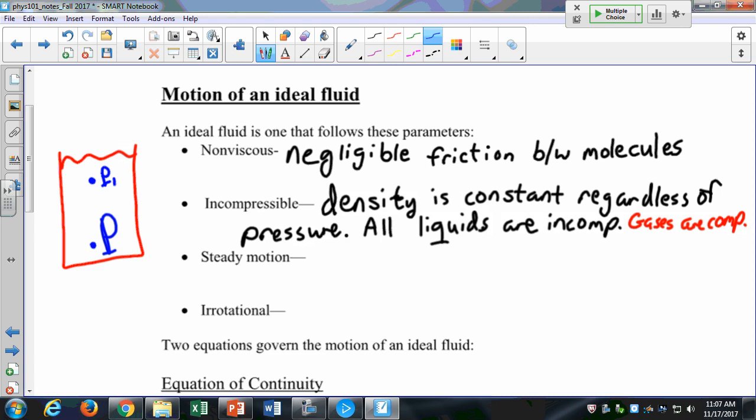The densities at these places, the density is going to remain the same. This one is smaller, but these two are equal. Okay? Even though the pressure changes, the density remains the same. In the ocean, it might get a little more dense towards the bottom. It's not perfectly incompressible, but basically all liquids are incompressible.